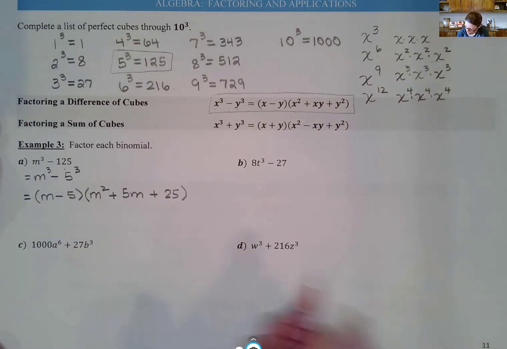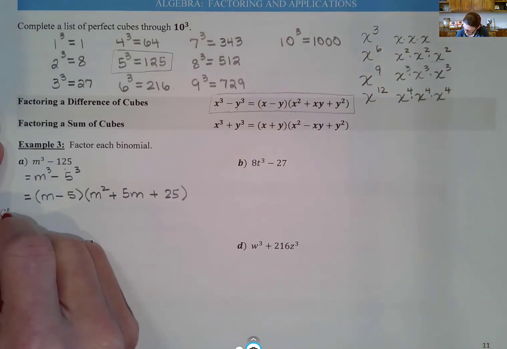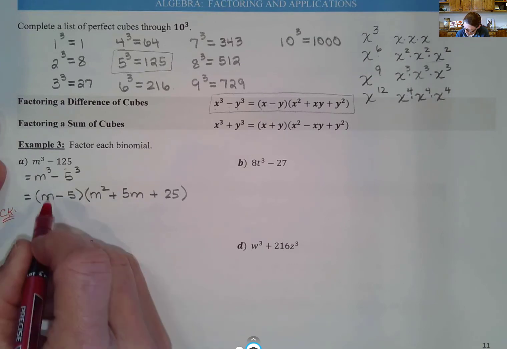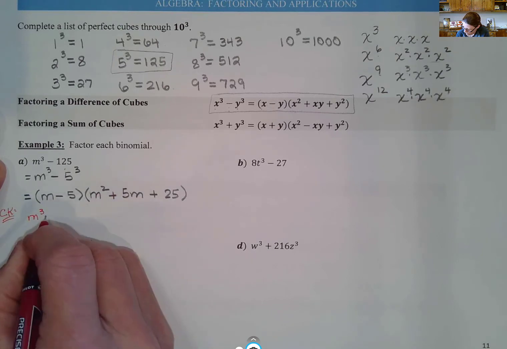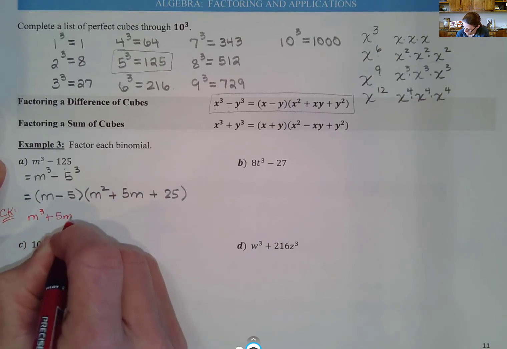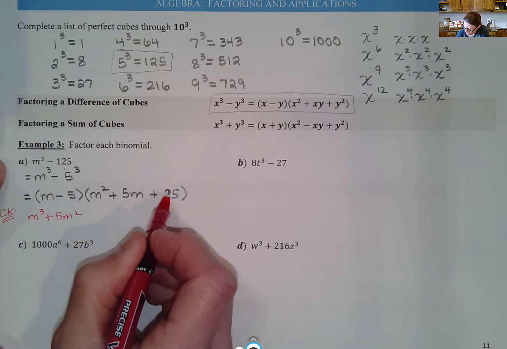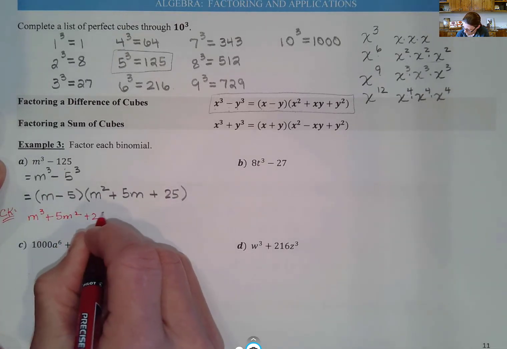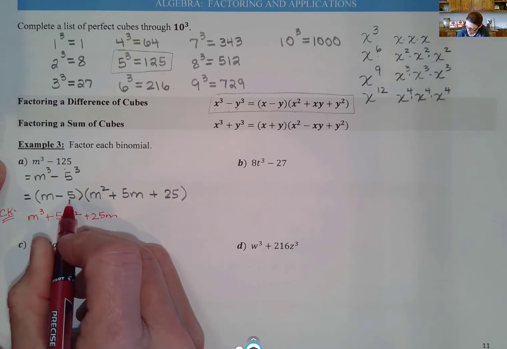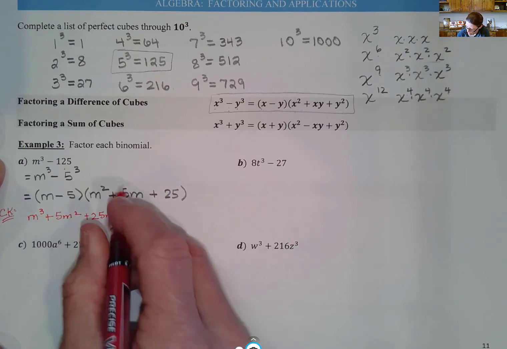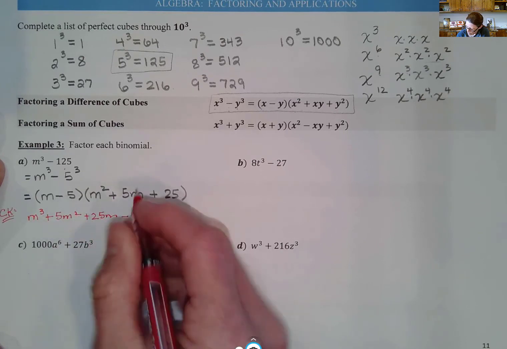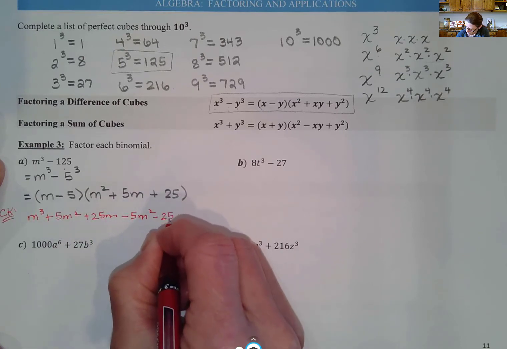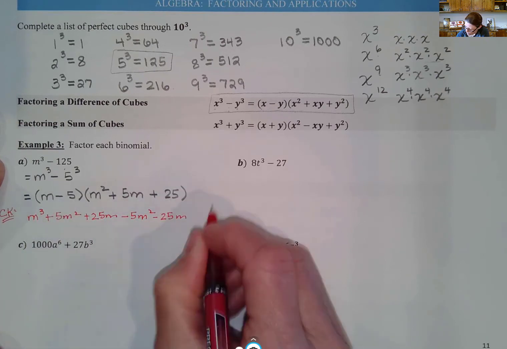And I'm going to go ahead and check this one. As we multiply back, m times m squared is m to the third plus 5m squared. I'm distributing the m plus 25m. Move to the minus 5, distribute to obtain minus 5m squared minus 25m and minus 125.